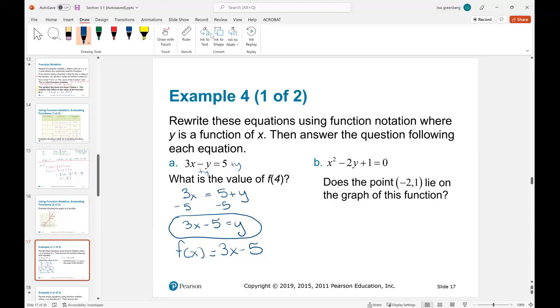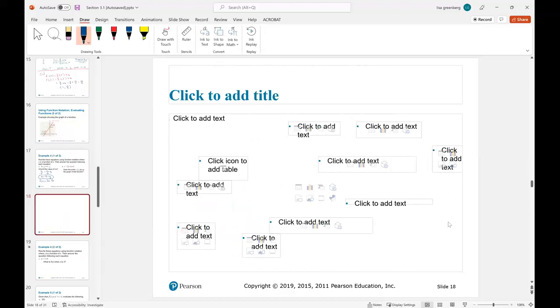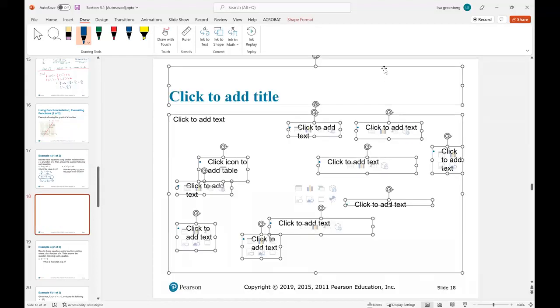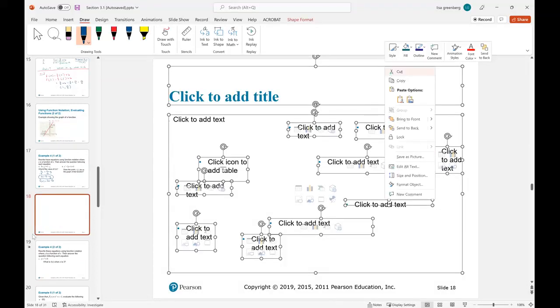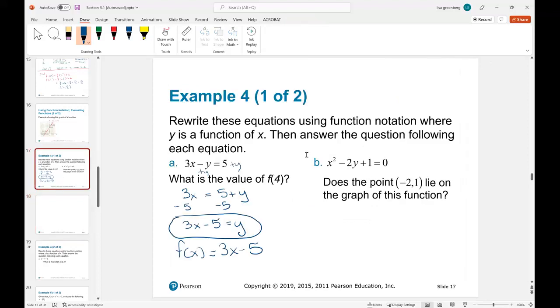Now it says, what is, you know what, I'm going to make a new slide here. Hold on. Let's do this right here on the other screen.